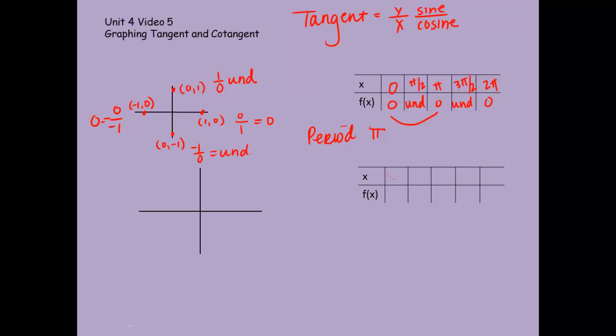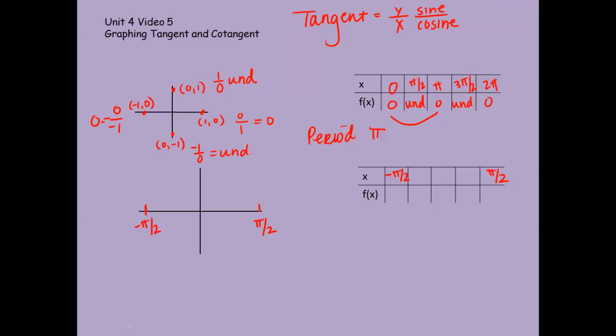But what we're actually going to do is back this up, and so we get an entire cycle very nicely graphed, and you'll see why in a moment. We're going to use negative pi over 2 all the way to positive pi over 2. So we're actually going to graph from negative pi over 2 to positive pi over 2.